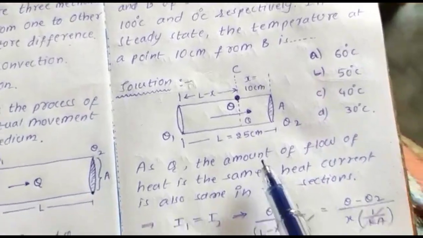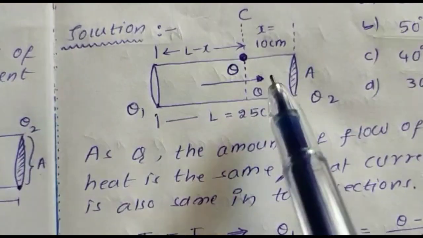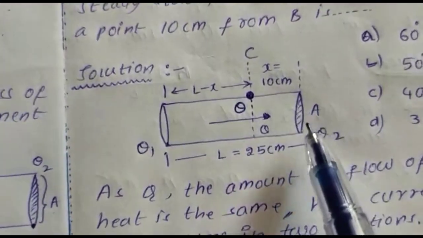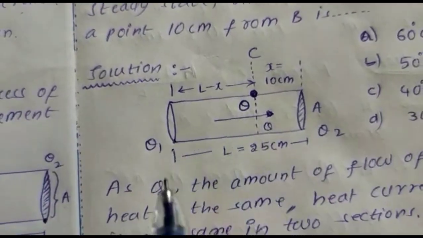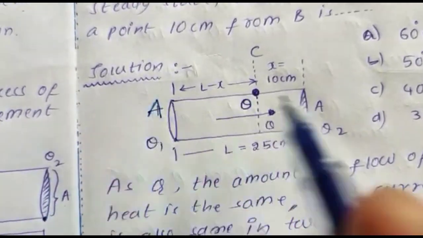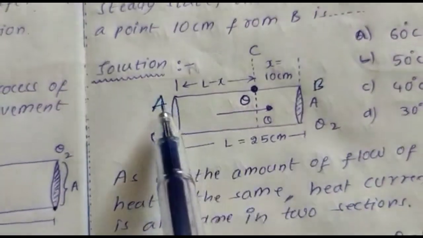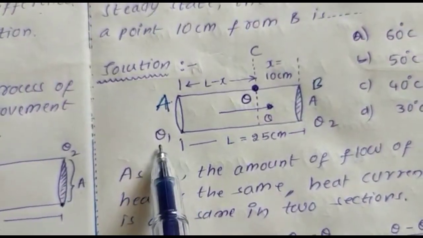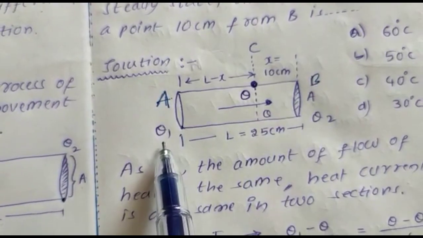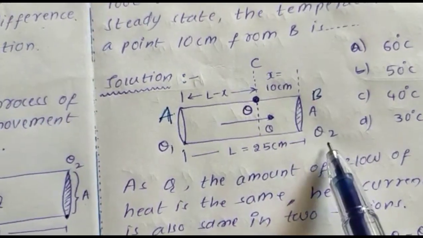For this problem, let us consider this is the rod, and let us suppose this is the first end A and this is the second end B. They have given that at end A, theta 1 is equal to 100 degrees Celsius, and theta 2 is 0 degrees Celsius.